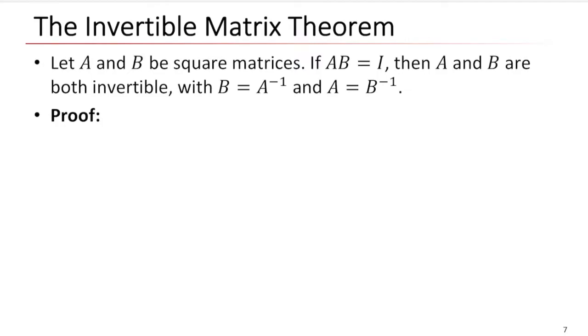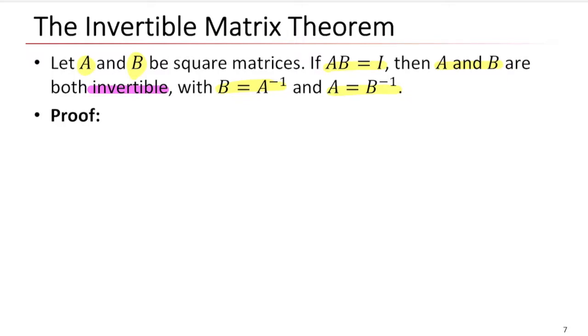Okay. So there is one more property. Let's say there are two square matrices A and B, and if A times B is the identity matrix, then A and B are both invertible, with B equal to A inverse and A equal to B inverse. Okay.